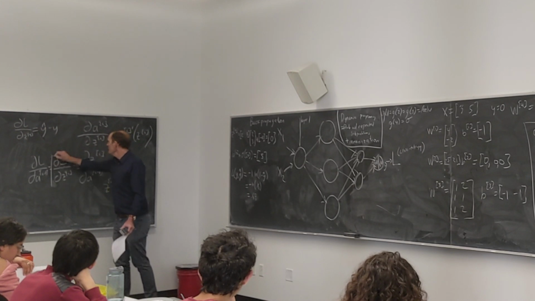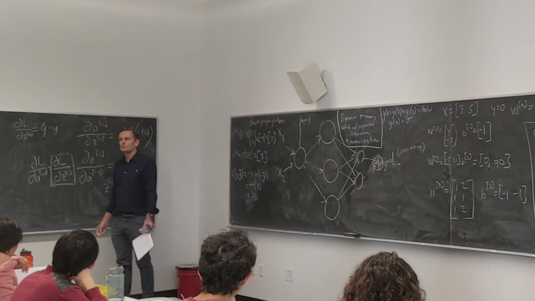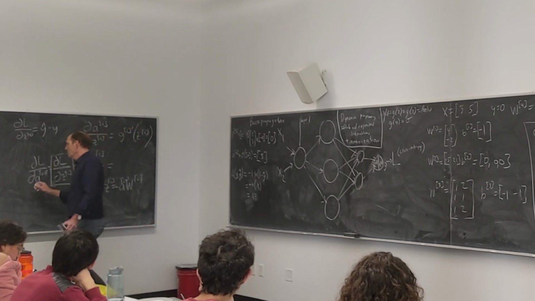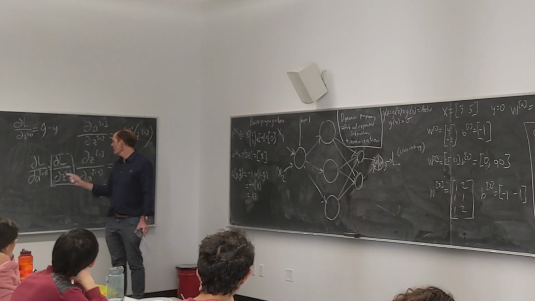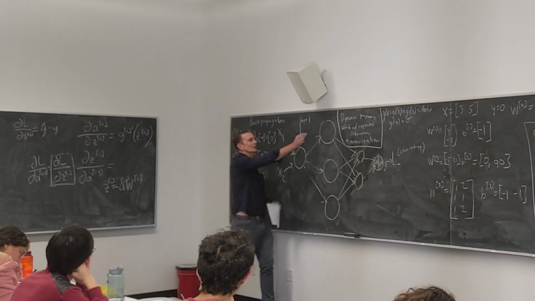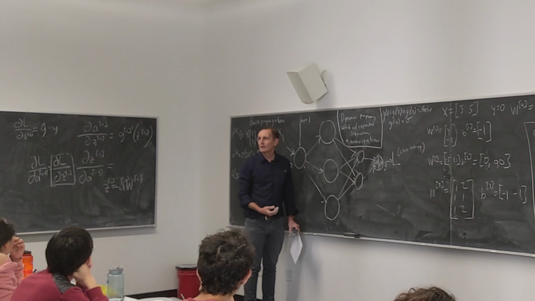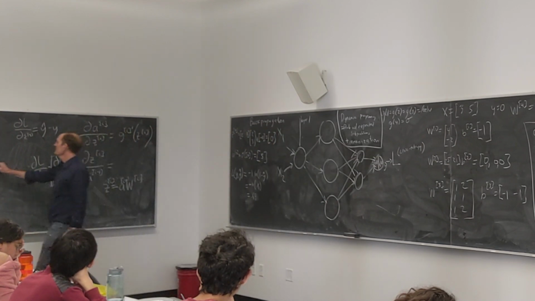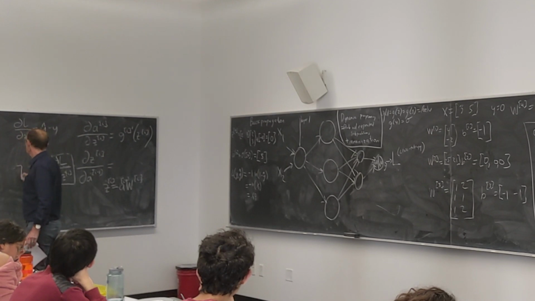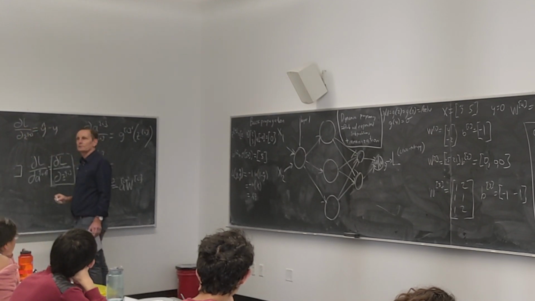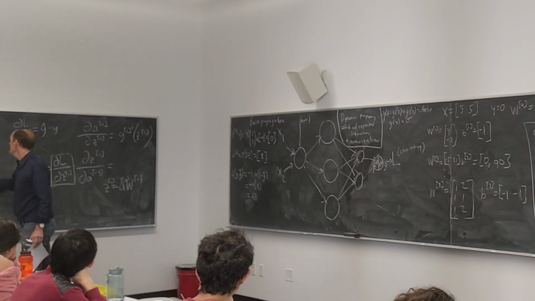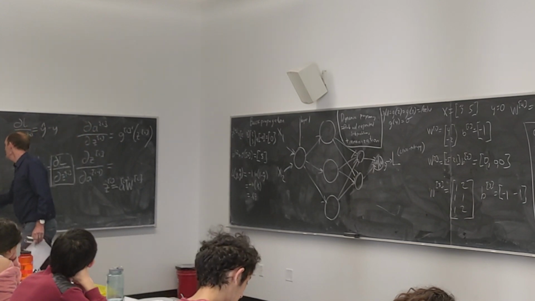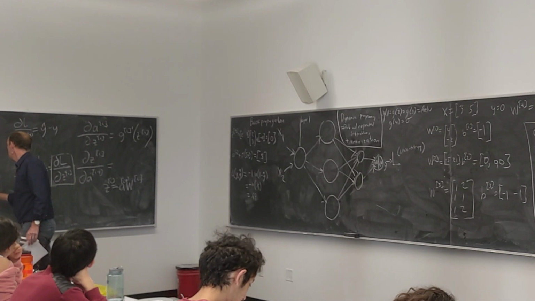This partial derivative is actually a matrix. Okay? It is a matrix of partial derivatives with respect to each one of the elements here. If z at I, for example, has 3 elements in it. Okay? So this is, let's say, z at I. And this is a at I minus 1, and it has 2 elements in it.